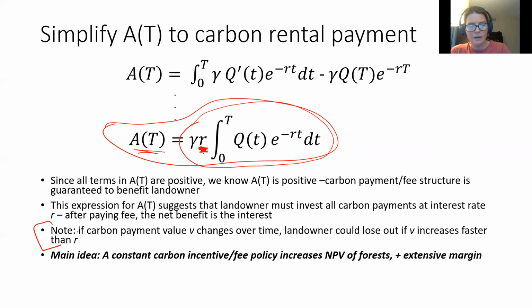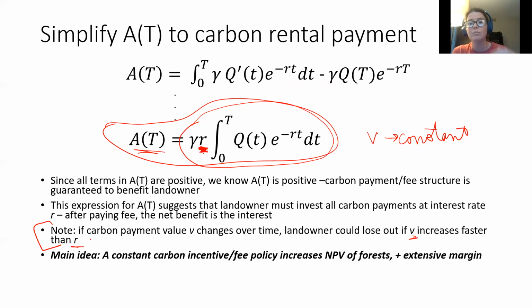It is important to note that we made an assumption here that V is constant. If V is changing over time, if we had an increasing carbon price over time, it is possible that the landowner could have a negative amenity value over time if V is increasing faster than the interest rate.